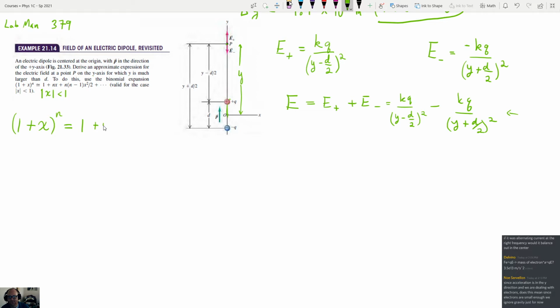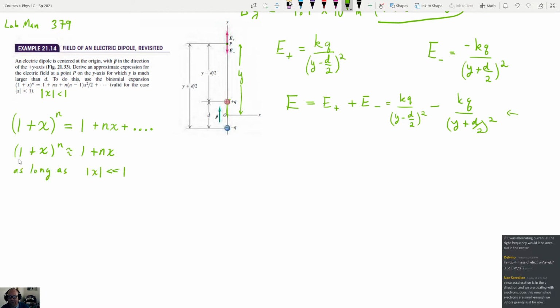I'm not going to worry about the rest of these terms because we're just going to ignore them. We're really going to say that 1 plus x to the power n is approximately equal to 1 plus nx. This will be a very good approximation as long as the absolute value of x, which could be negative, is significantly smaller than 1.